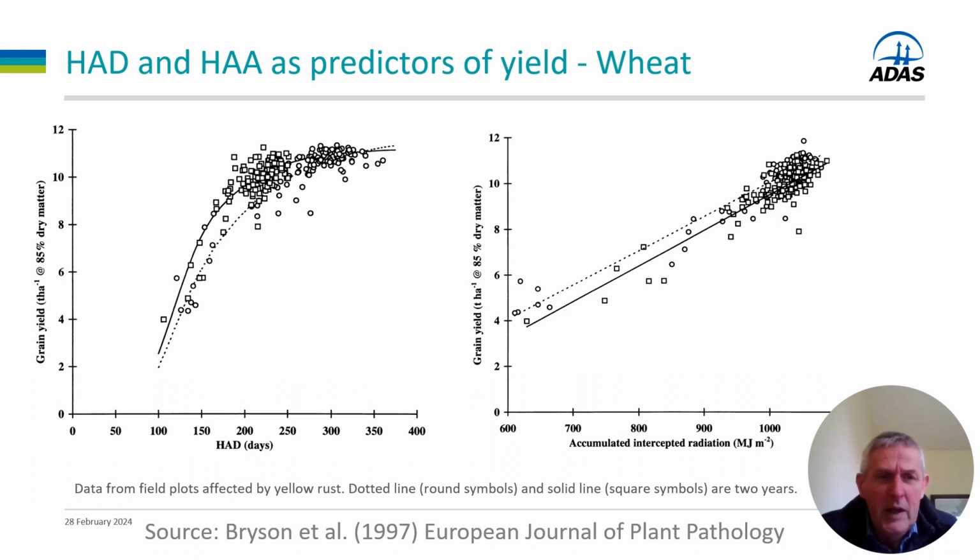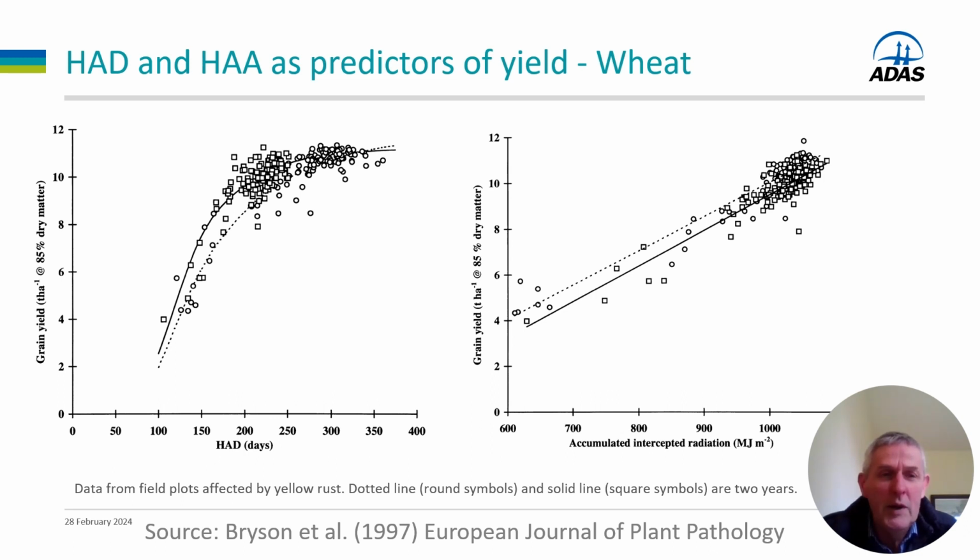So some years ago we did this for a series of field experimental plots. We did it over 2 years. The plots were very heavily affected by a yellow rust epidemic, and some of the plots were protected by fungicide treatment, others were left untreated, and some were only protected by low levels of fungicide input.